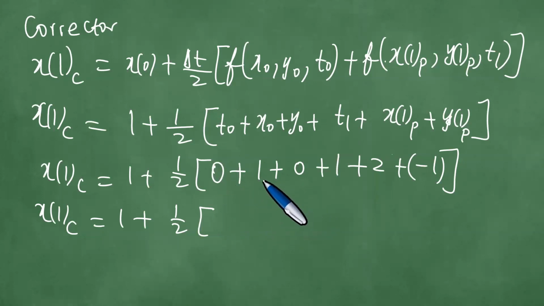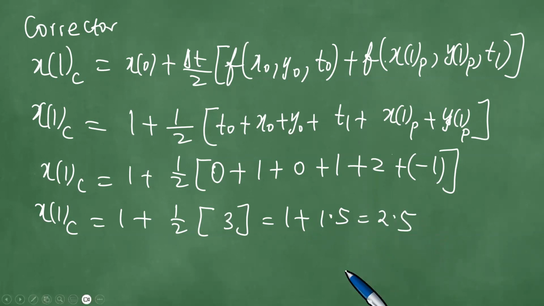So this is exactly 1 plus 1, which is exactly 2. And then 2 plus 2 is 4, minus 1, 3. Good. So this is actually 1 plus 1.5, which is 2.5. Okay, I expected this exactly, so that's correct.